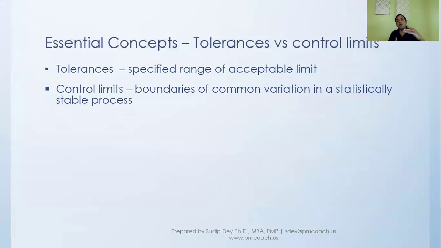But if it crosses the control limit, then you say the process is a failure because it has failed to give us the output within those control limits. So a control limit is a boundary of common variation, the upper and lower control limit, whereas tolerance is a specified range of acceptable limit.